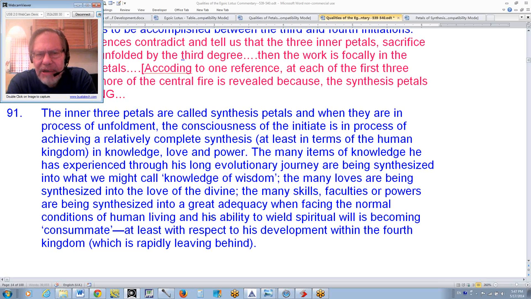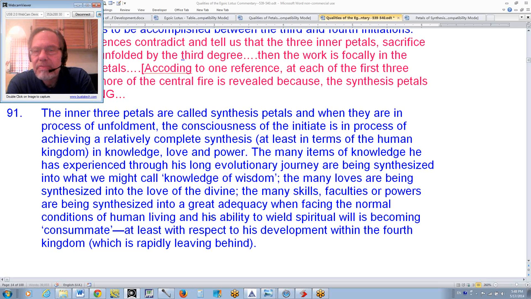Finding the love of the planetary logos everywhere, perhaps? The synthesis of power or will, finding the will and power of the planetary logos in all acts of will, perhaps? The many items of knowledge he has experienced through his long evolutionary journey are being synthesized in what might be called knowledge of wisdom.